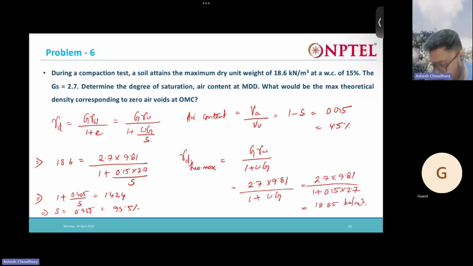My theoretical maximum is 18.85, but my actual is 18.6.